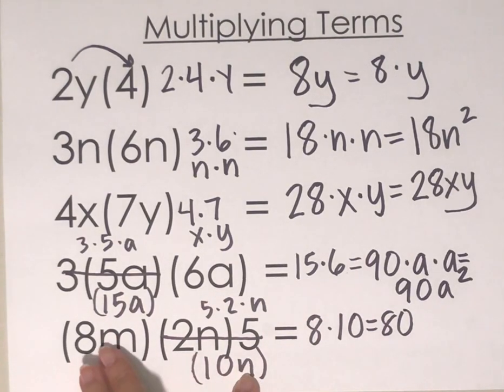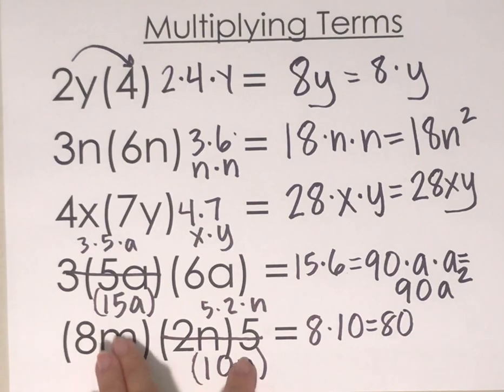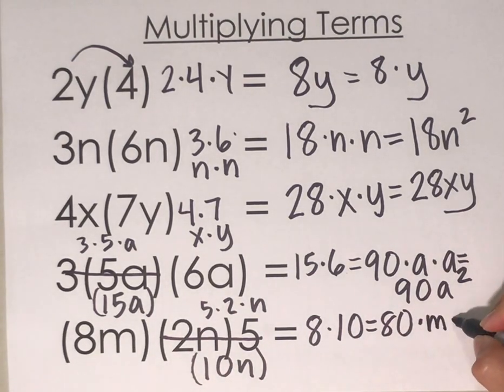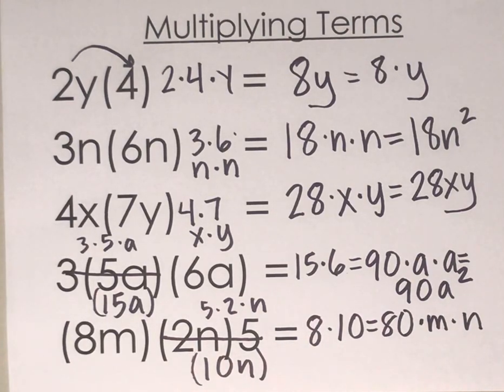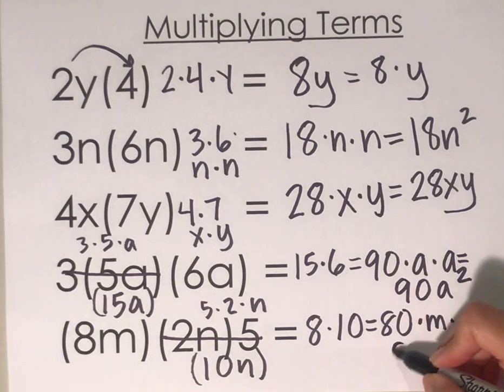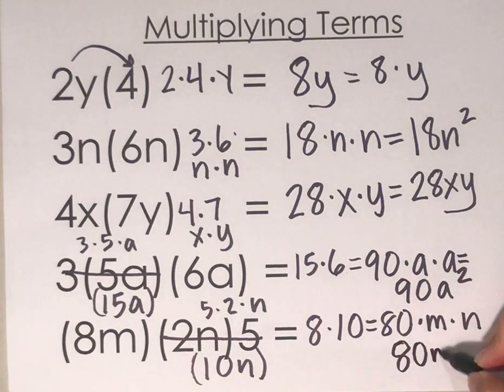So now I'm going to write those and I'm going to multiply those. So that just becomes m times n. Now we're going to put it together so there's no dots. And remember, we can't combine these together because these are different variables or different letters. So we're just going to say 80mn as our final answer.